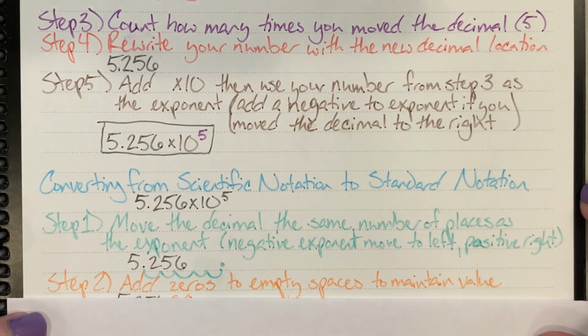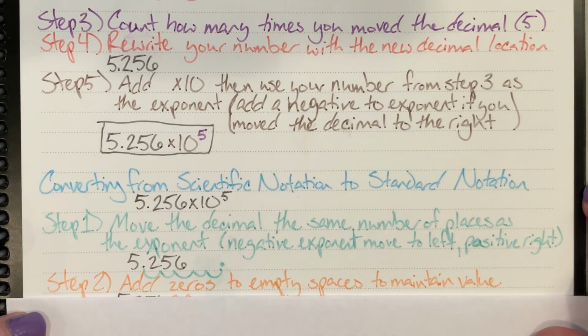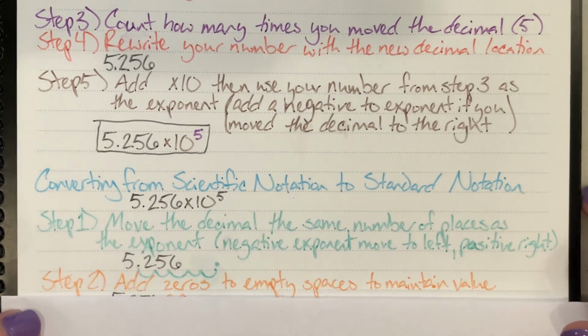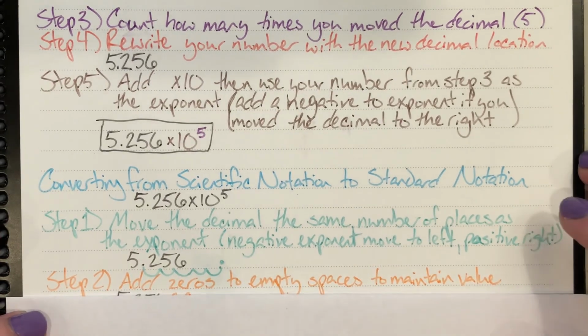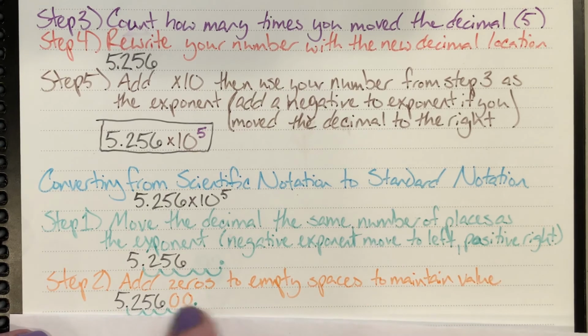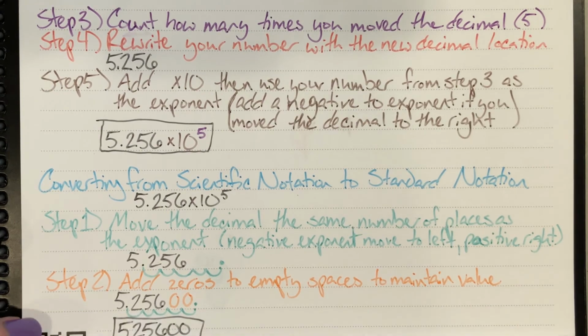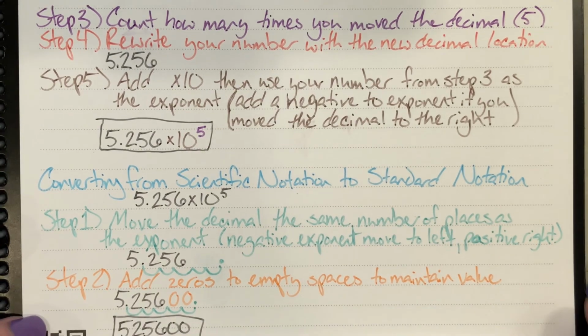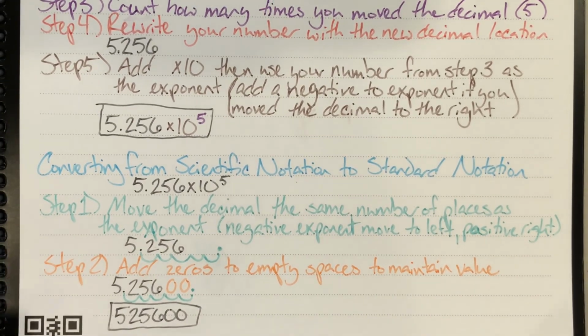Step 2, we are going to be adding zeros to any of those empty spaces. That way we can maintain value. So I had 1, 2 empty spaces, which means I should have 1, 2 zeros on the end of my number. So I went ahead and I drew that in. And then I went ahead and cleaned up my number so that it looked pretty.